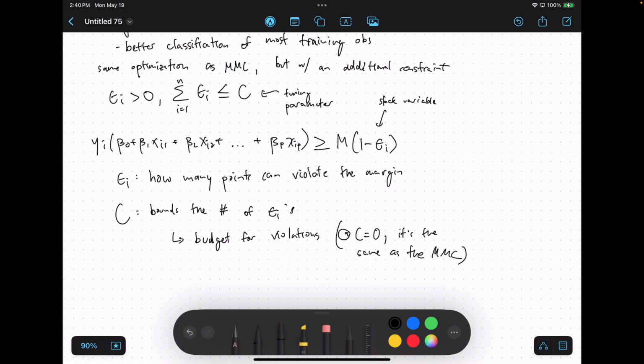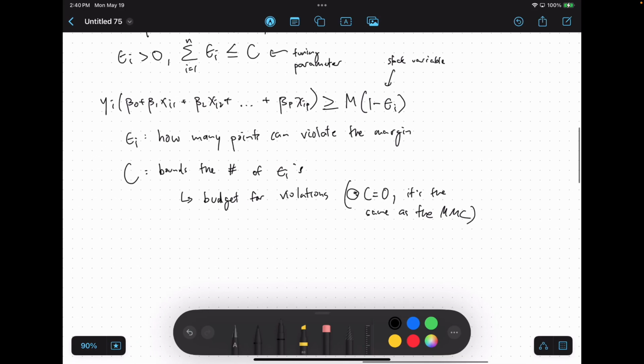Okay. And so in some cases, this solves the non-separability thing, and then in some ways it also helps with the sensitivity argument, right? Because to some degree you can just allow for a point to violate the margin as opposed to trying to accommodate it by massively changing your hyperplane.